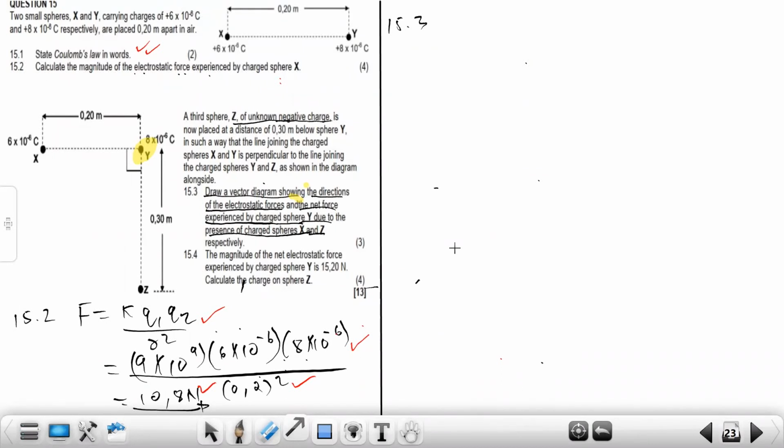Let me get my line. So what will be the influence of X on Y? Because X and Y are both positive, it means Y and X will repel each other. So for them to repel, the force of X on Y must be in this direction.